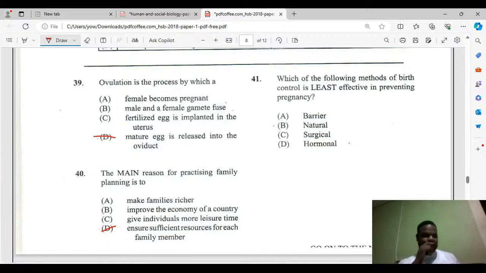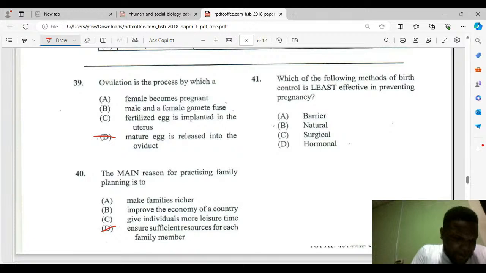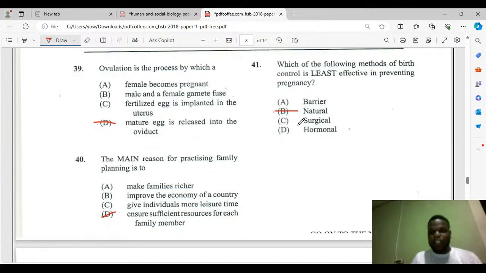Seeing B. B, natural. All right, so B, natural is right.